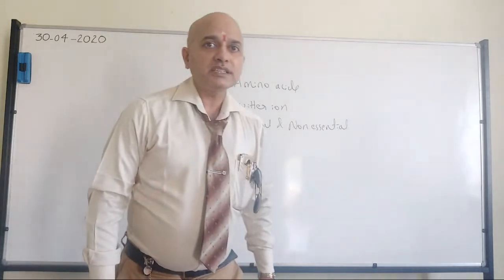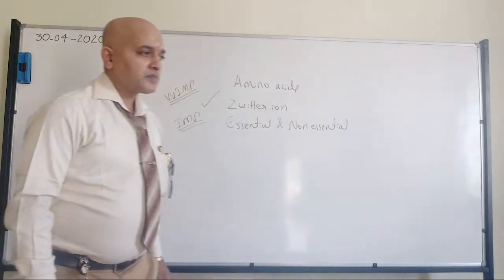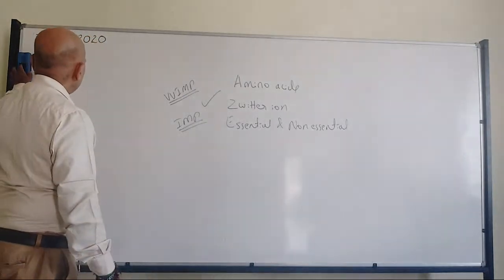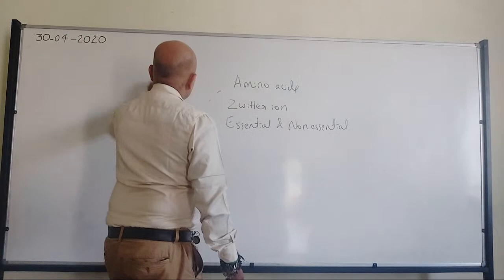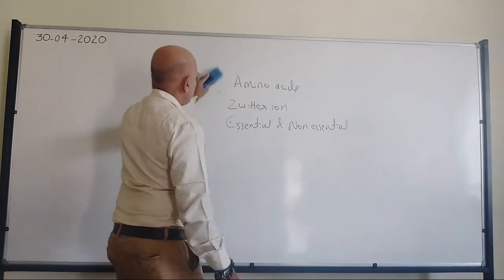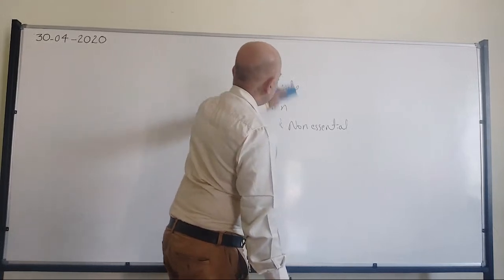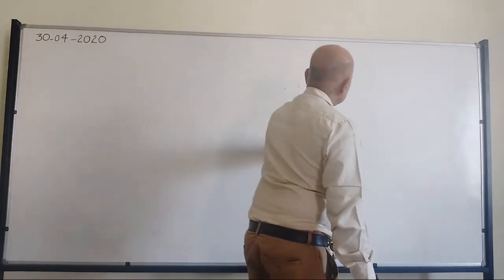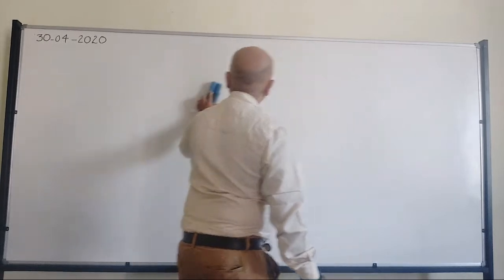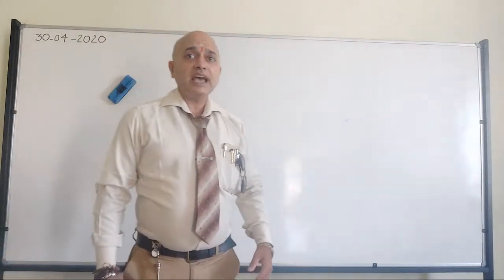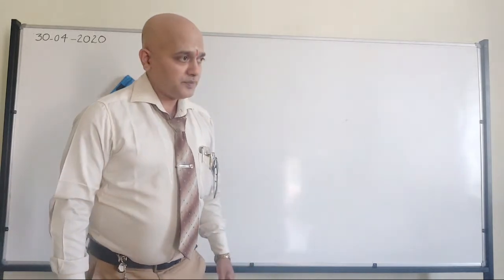That will be with respect to proteins. Now, when I am talking about proteins, as we have discussed, proteins are those macromolecules which have amino acids as their building block molecule.